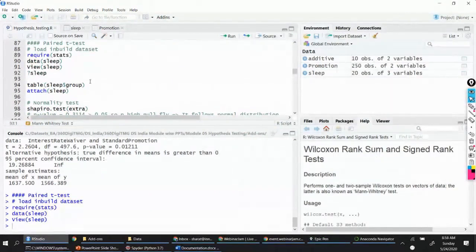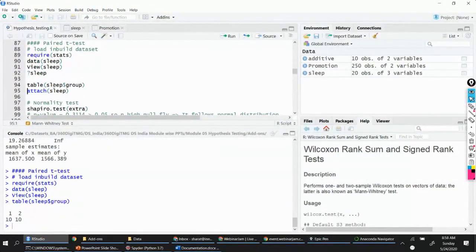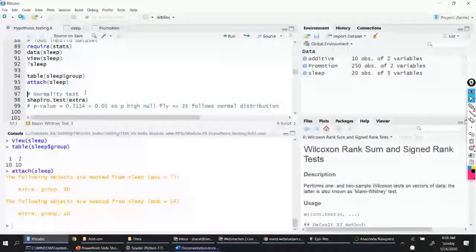This is basically to understand the data better. So the table of the group would basically give us 10 and 10. Attach sleep, I'm doing this. So here I'm first checking whether the data that I have is normally distributed or not. I'm taking the entire data set, not splitting it.